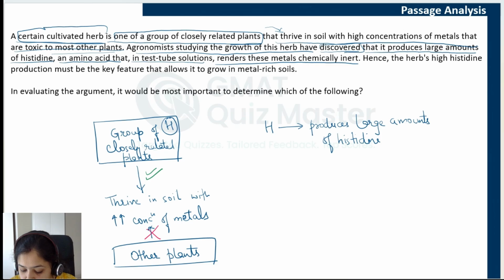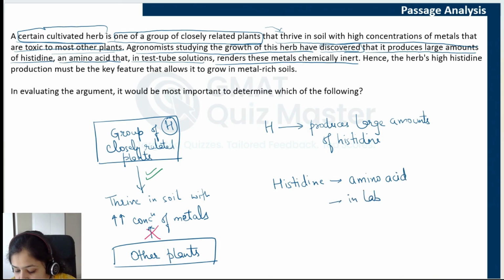And what do we know about histidine? Histidine is an amino acid, and in lab conditions, it can render these metals inactive, right?